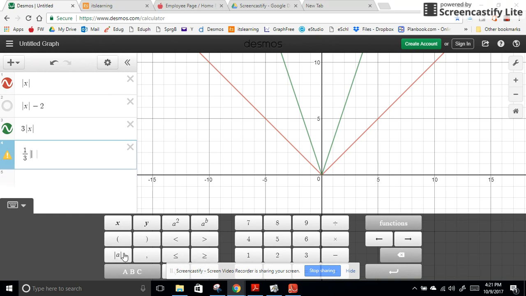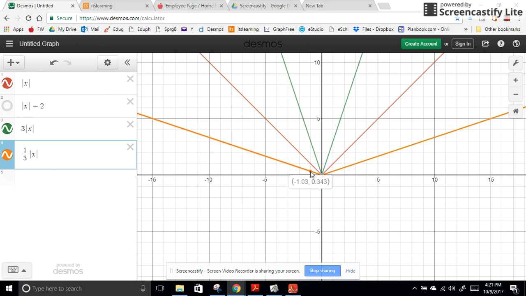Absolute value of x. Okay, you can see that this one at the point -1 right here is at 0.33333. Well, you recognize that is 1/3, right?